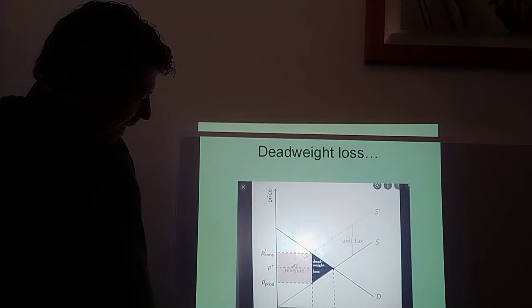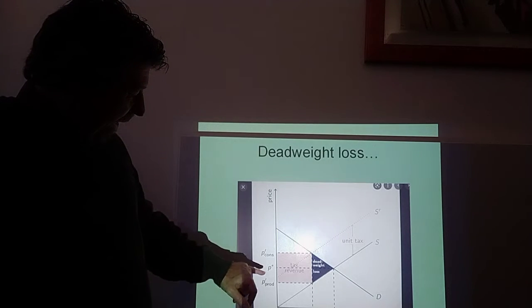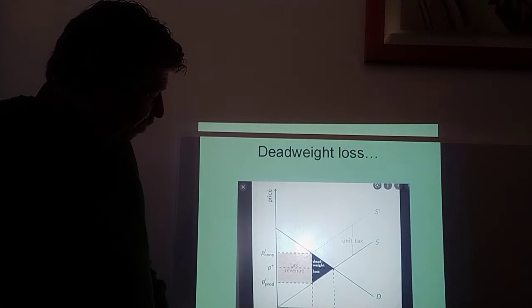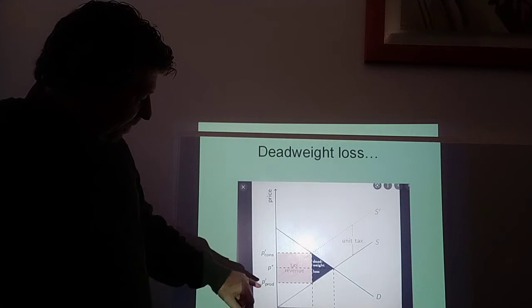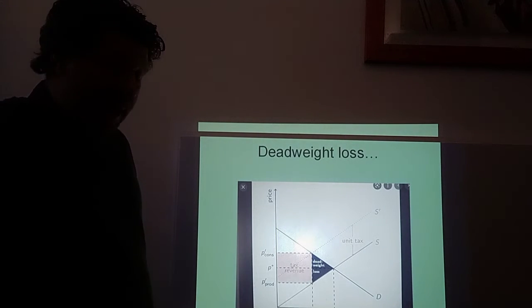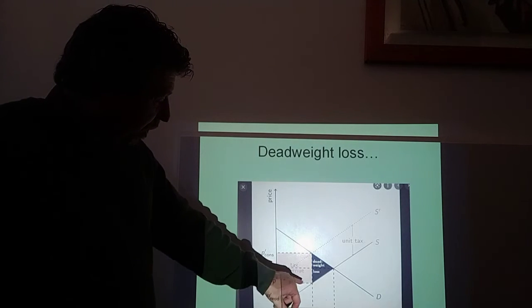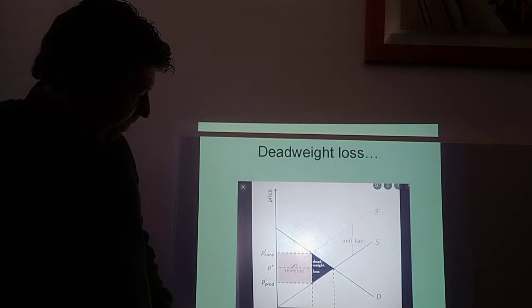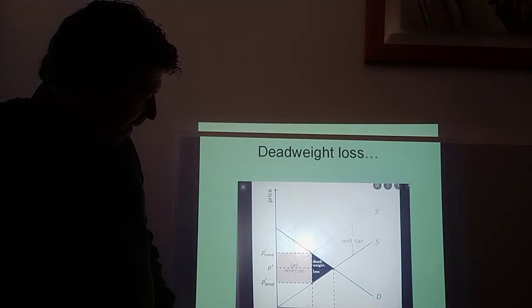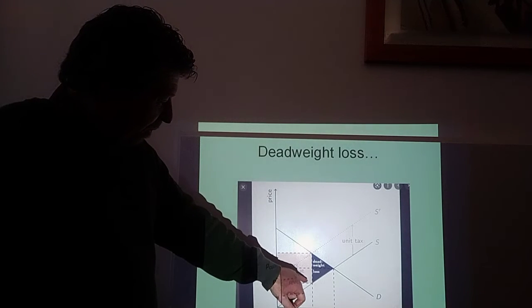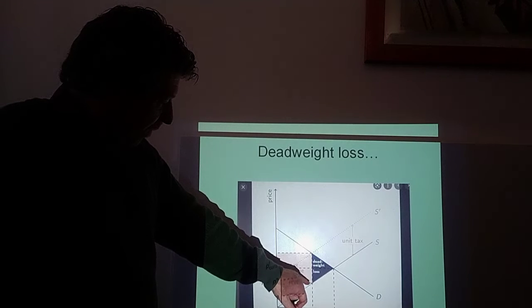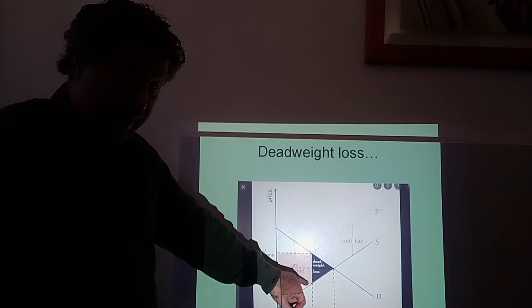So the big problem is if the price is there, the company will only want to produce this many at that price. What they're getting.